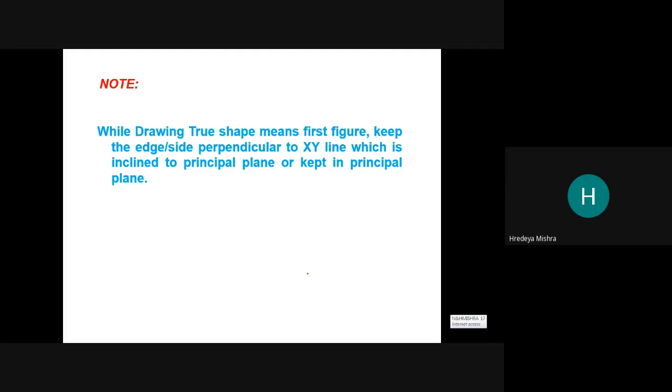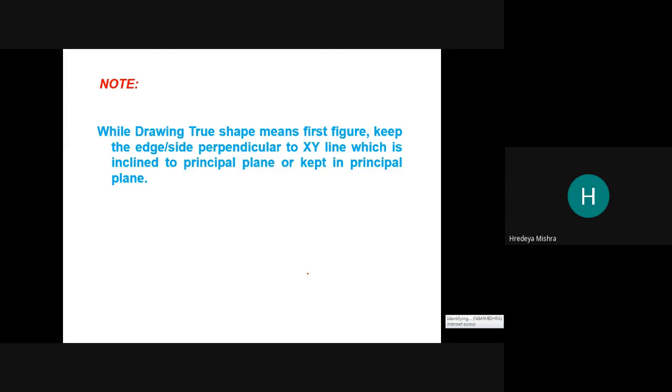Whatever I say, I already told you, in the first top view and front view, we don't follow any instruction given in the problem. The instruction following starts with the second step.